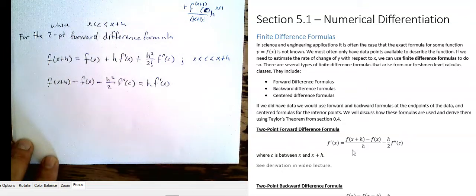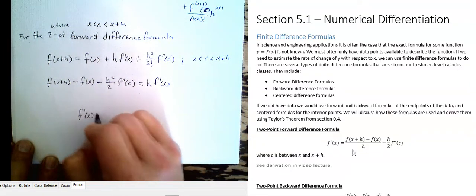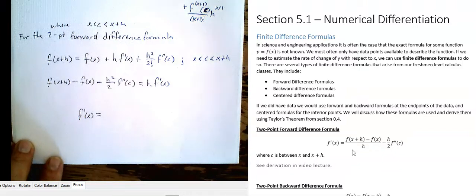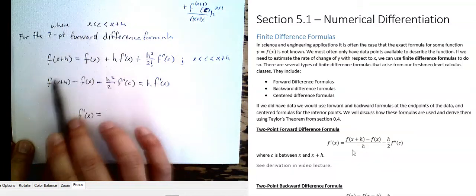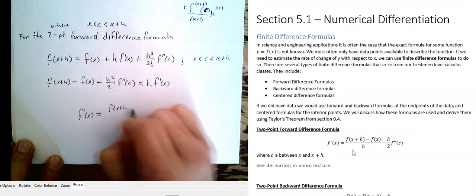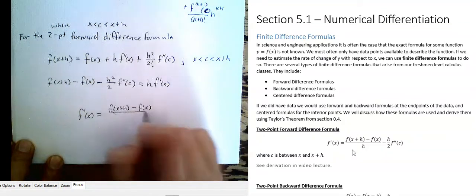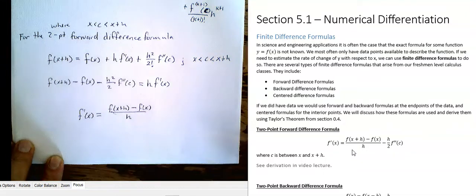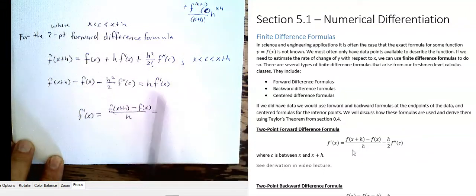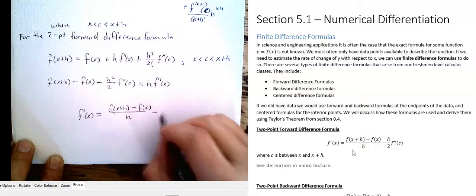And then dividing through by h, we'll get f prime of x is equal to this difference divided by h, so f of x plus h minus f of x all over h, minus, now we're going to divide this term by h as well, so we're going to reduce this power by 1.